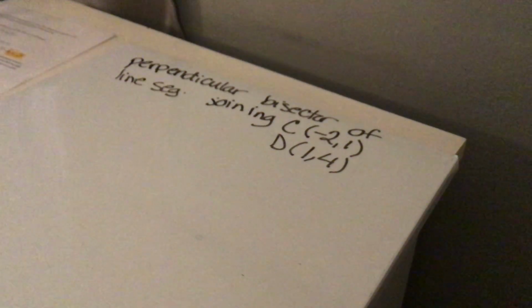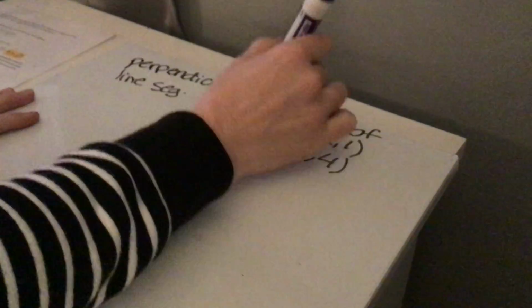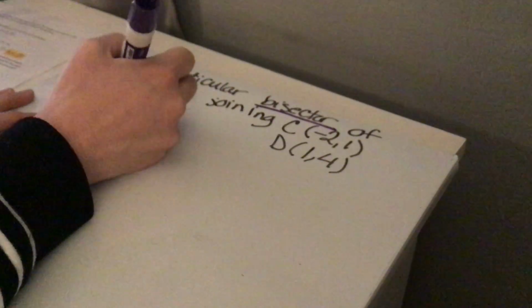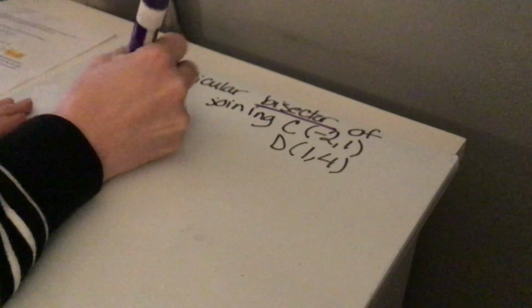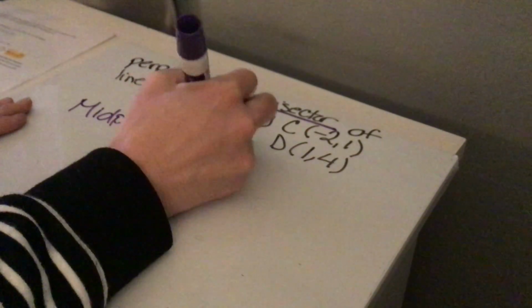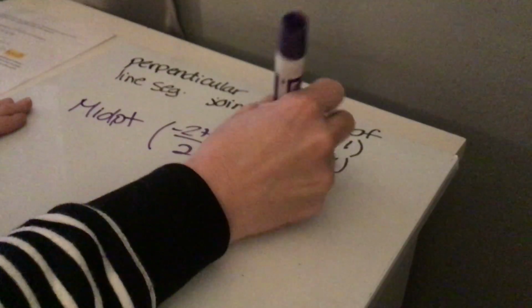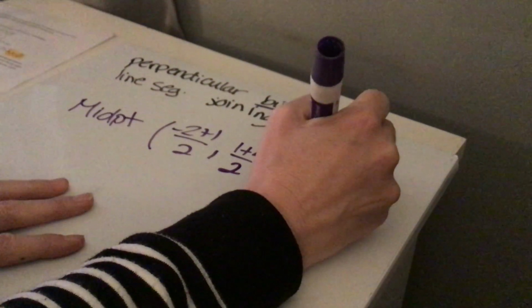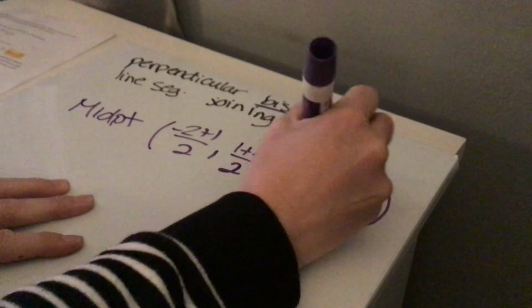First thing is bisector means middle, so it splits it in two. So you find the midpoint. You add their x coordinates, divide by 2, add their y coordinates, divide by 2. So the midpoint is at -1/2, 5/2.